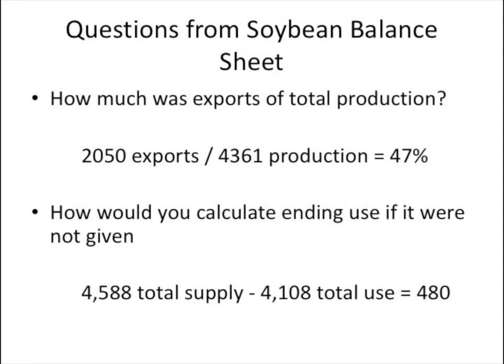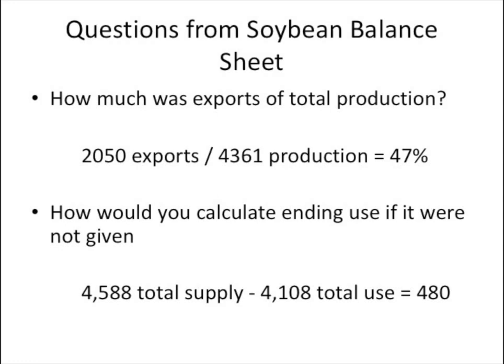We can look at various things. How much was exports of total production? In this case, we're projecting 2,250 million bushels of exports out of 4,361 million bushels of production, or 47%.